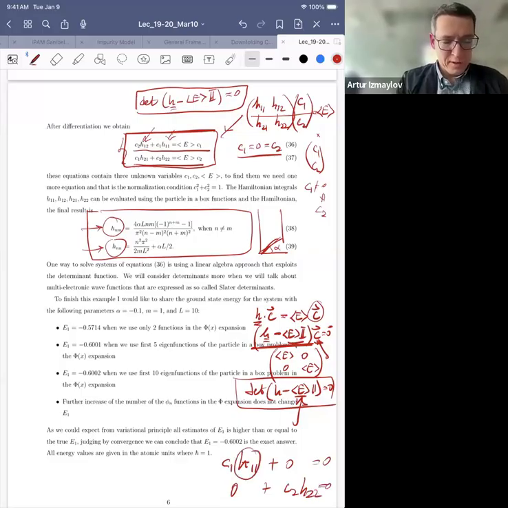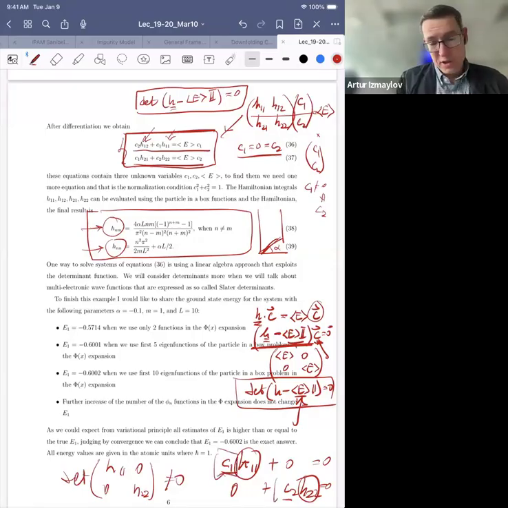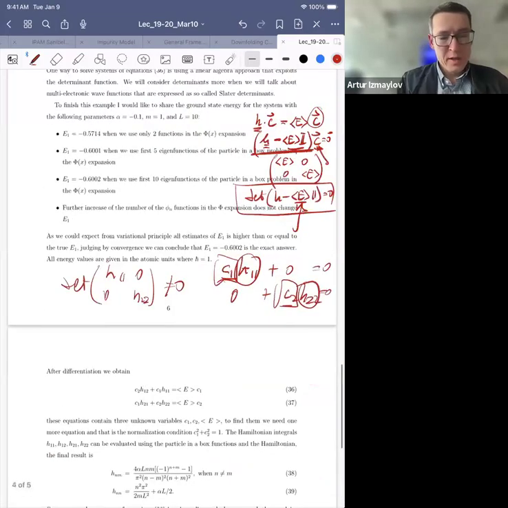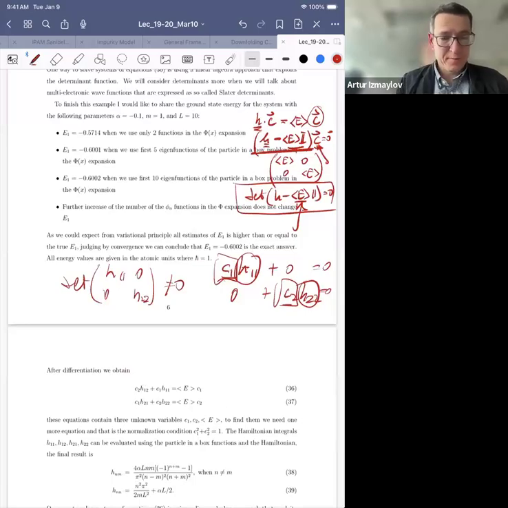So for non-zero H11 and H22, we can only have C1 and C2 be 0, right? That's why in this case the determinant is non-zero, and the only solution is the trivial solution. Otherwise, we cannot have non-zero coefficients.